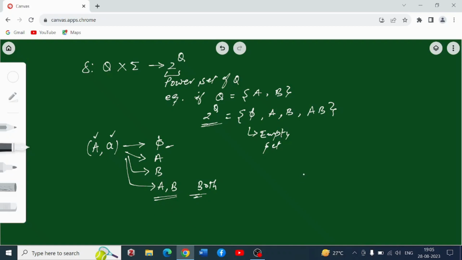So for example, we have two states, let's say state A, and the second state, which is the state B. A is the initial state, whereas B is the final state. For example, on input A, it is going to B, and on input B, the state B is going to itself.